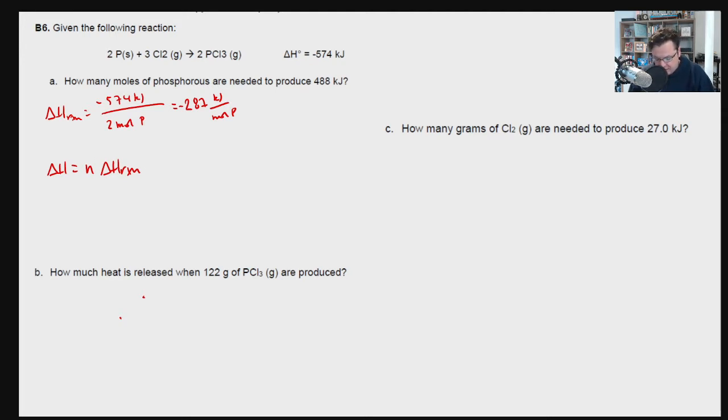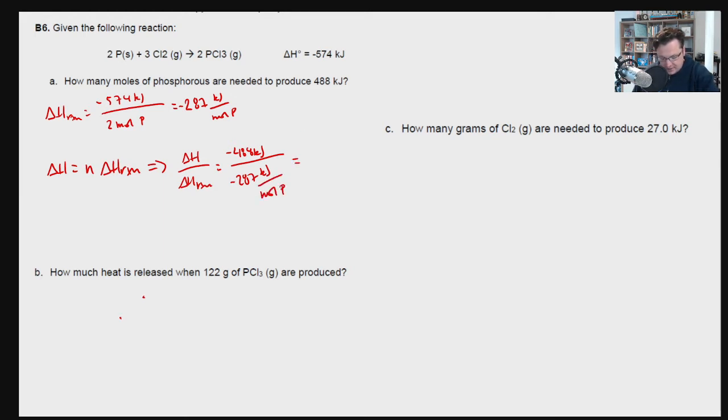We're trying to figure out n, so we rearrange: delta H over delta H reaction. That's negative 488 kilojoules divided by negative 287 kilojoules per mole of phosphorus.